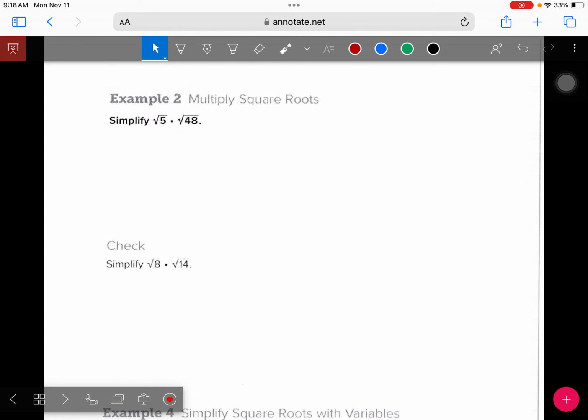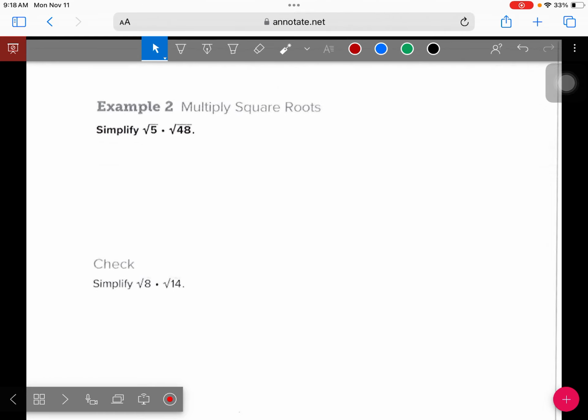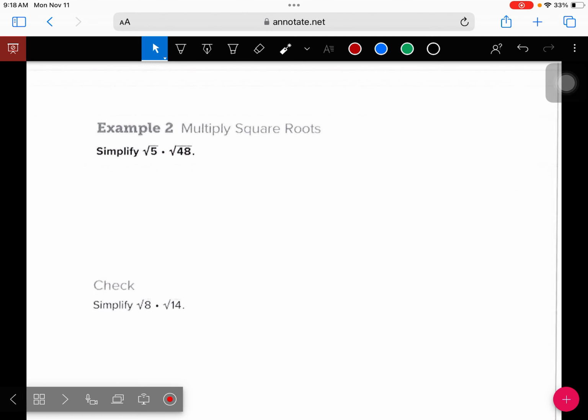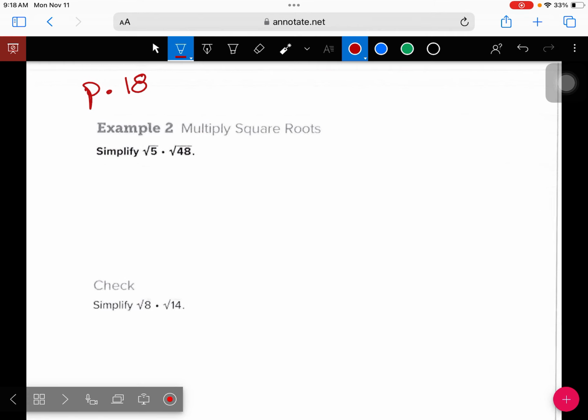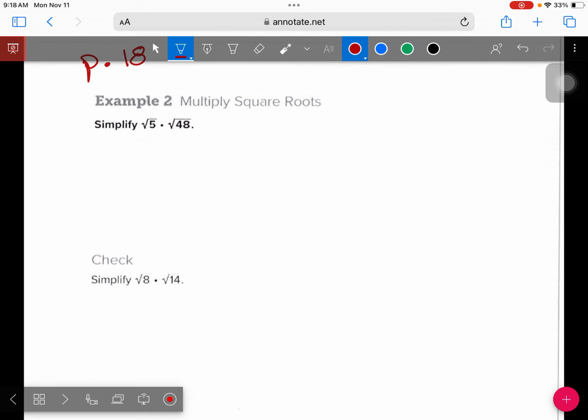It's actually going to be 18. Yeah, so 17 covers part of what you should have gathered either from the video or from just writing down the notes. So it's actually page 18, okay? Sorry, one more page over. And if you didn't get to watch it again, watch it tonight, copy down the notes tonight. So multiplying square roots. Multiplying square roots. Eyes up here, on your papers, wherever, okay?